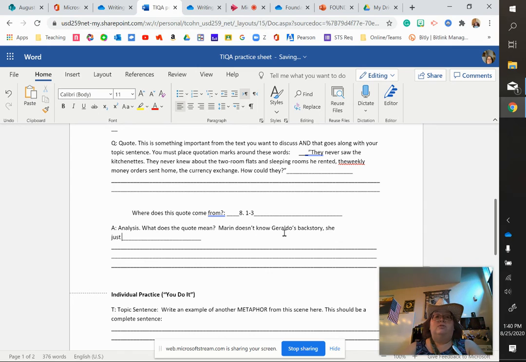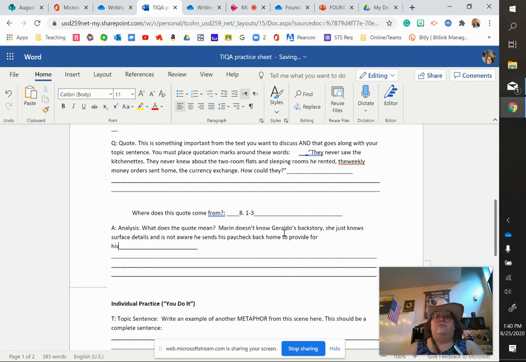She just knows surface details, and is not aware he sends his paycheck back home to provide for his family in his home country, and he doesn't have a stable place to live because he's moving around all the time, the 2-room flats, the kitchenettes, that kind of thing. Okay. And there's your paragraph.